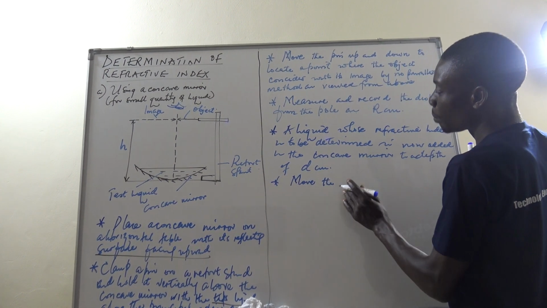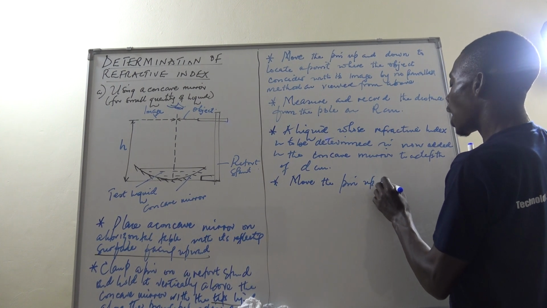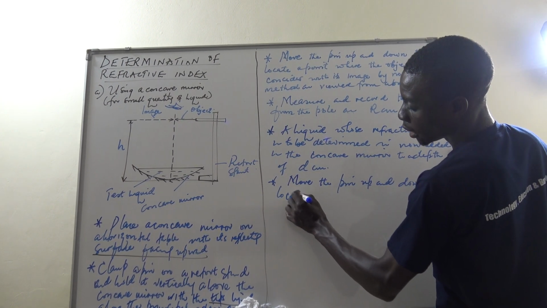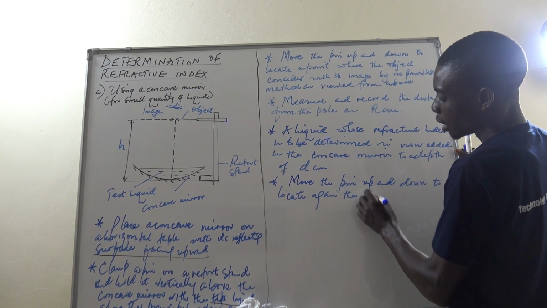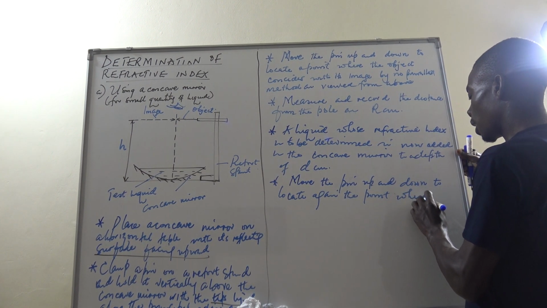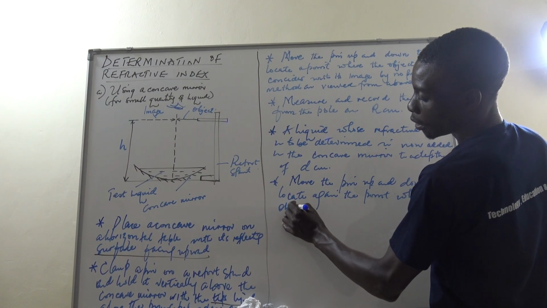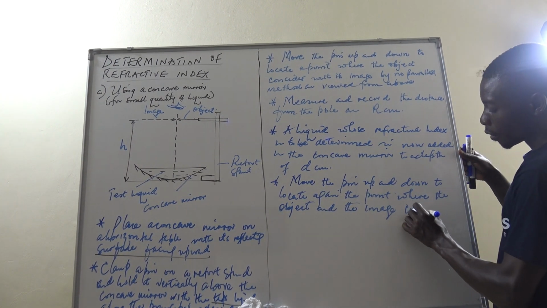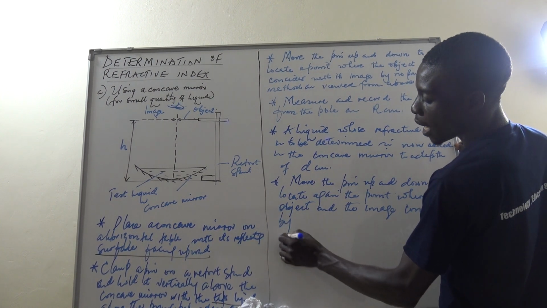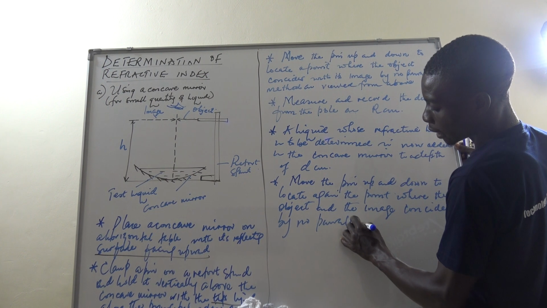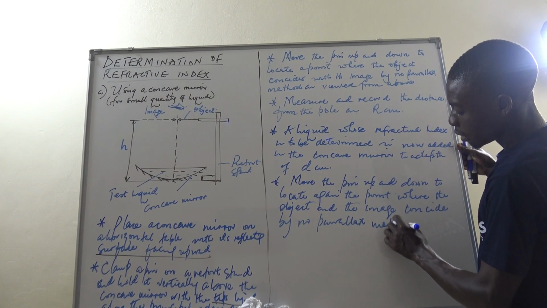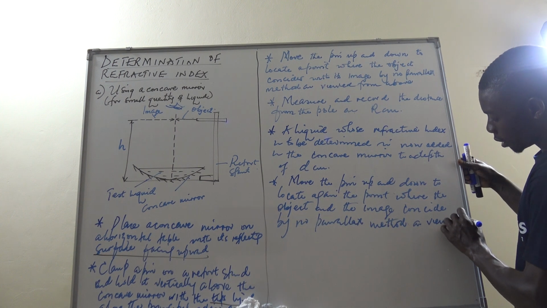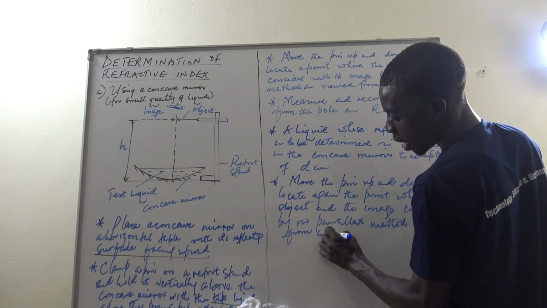Now, after adding that, you are supposed to move the pin up and down to locate again the point where the object and the image coincide by no parallax method, as viewed from above.